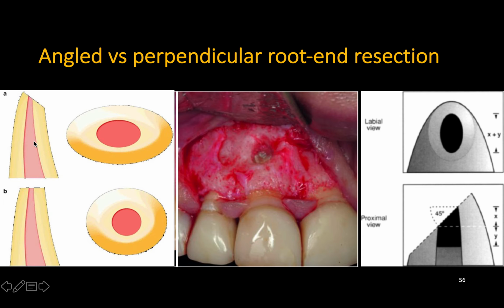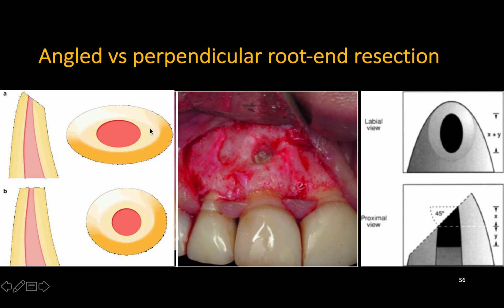So there will be remaining bacteria and irritants in the canal. Now, if we prepare the root end or resect it in a perpendicular way, the number of dentinal tubules, which are pathways or avenues of communication between the root canal and the surrounding periodontium, will be less, okay?